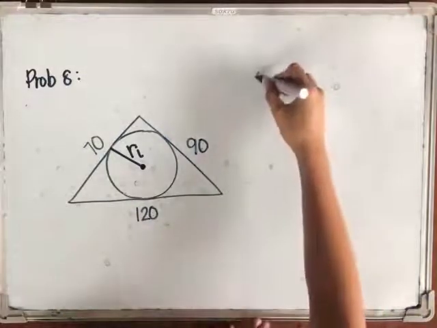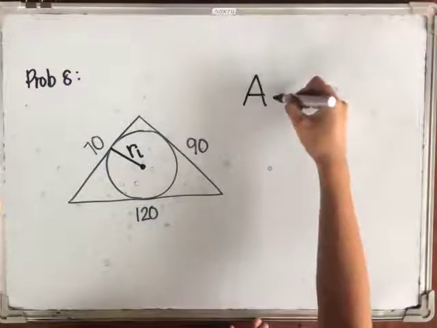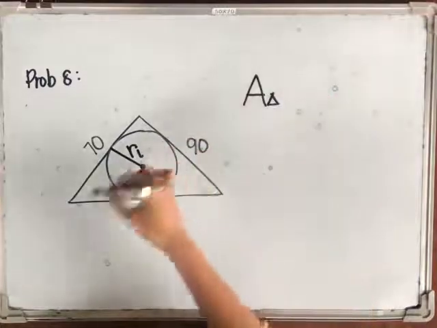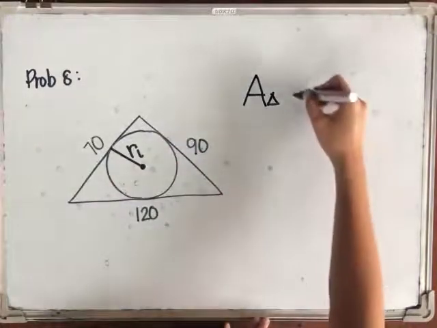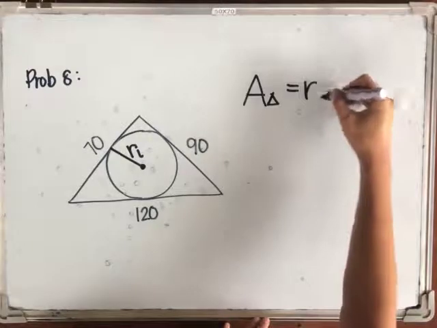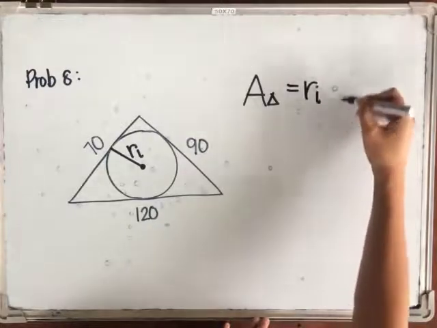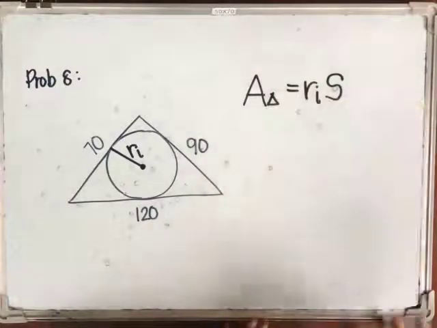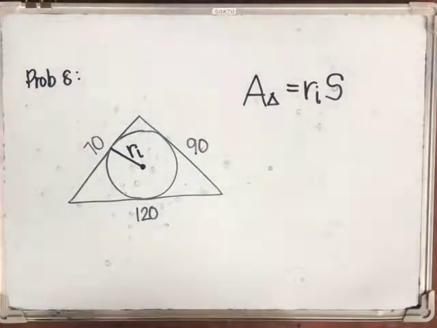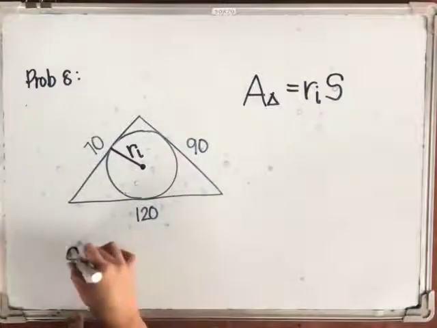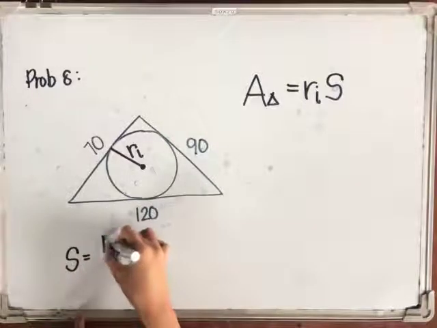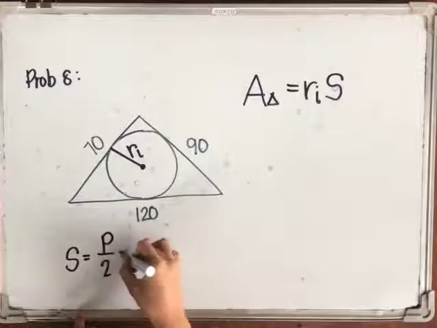The formula says that area of the triangle daw, and it's referring to this triangle outside, is equal to the radius of the in-circle, that's what we're looking for, times your semi-perimeter. Semi-perimeter is half of the perimeter. That's why it's semi. That's perimeter over 2. So we can compute that here.